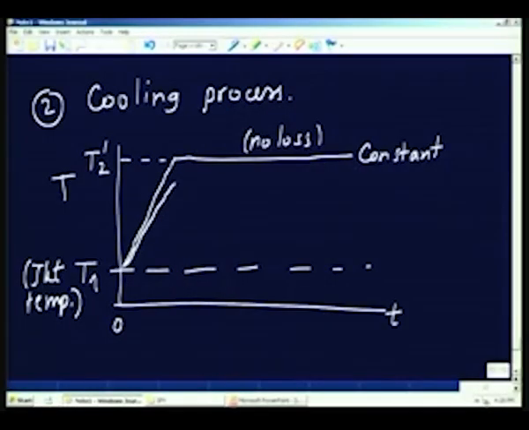Therefore, we expect the temperature to go like this, not to the full value, but to some value we will call T2, which is less than T2 prime. This is the time for which mixing is taking place, maybe a few seconds, and then the temperature will come down like this. This is the with loss.